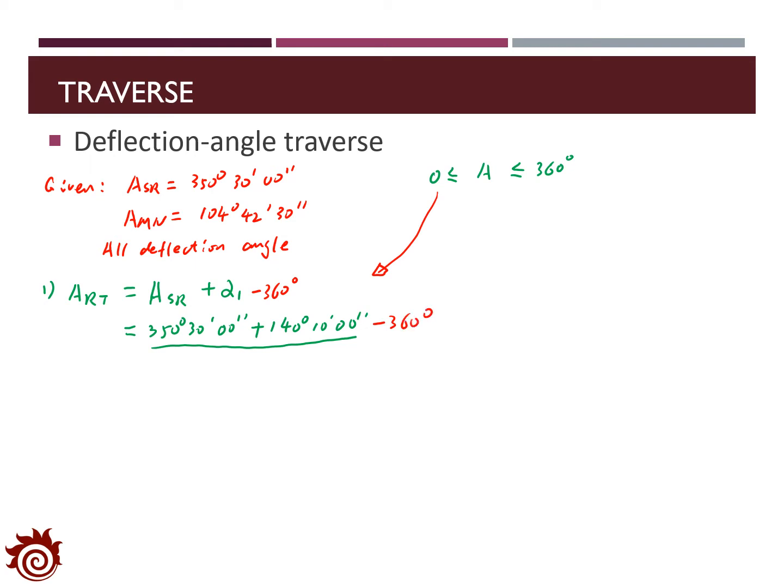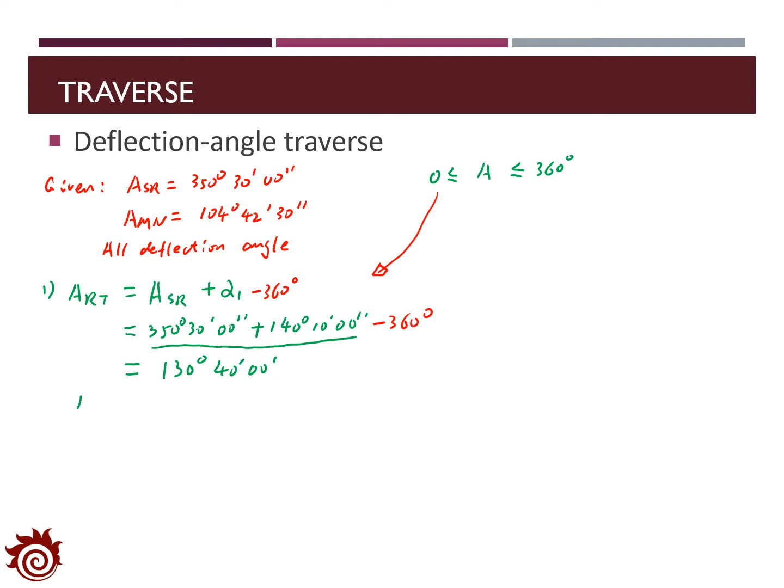Which will give you the azimuth of the line RT as 130 degrees, 40 minutes, 0 seconds. You can apply the similar procedure for the estimation of the other lines.